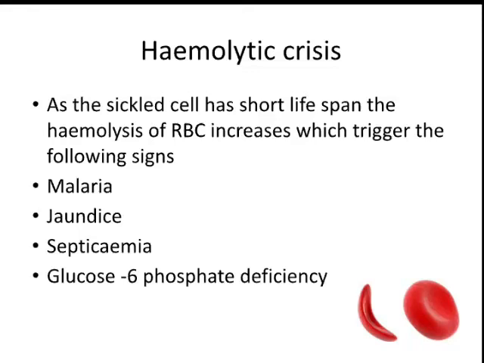The patient may show signs of malaria, jaundice, septicemia and G6PD deficiency. So glucose 6 phosphate dehydrogenase deficiency may happen, and septicemia, jaundice and malaria are seen in patients with hemolytic crisis. So what is hemolytic crisis? Hemolysis happens in a shorter duration compared to normal RBCs.